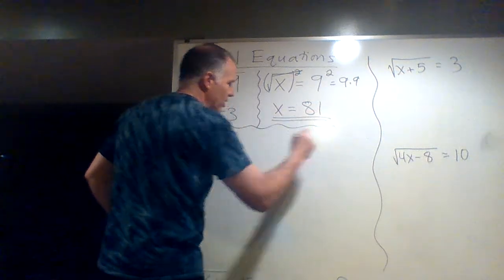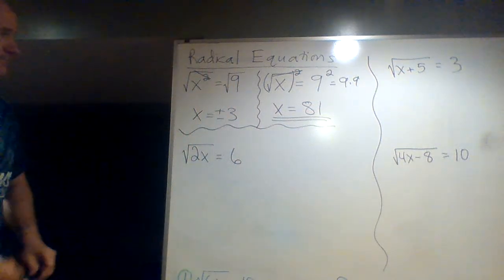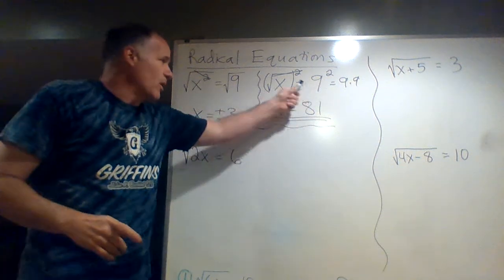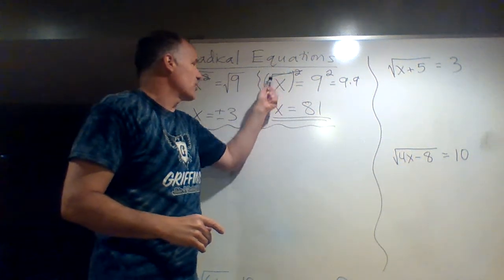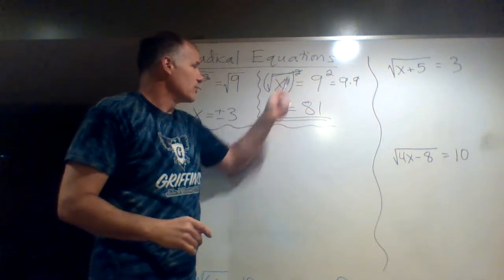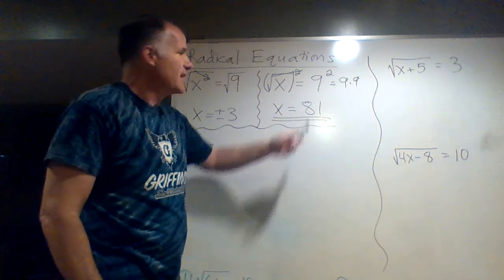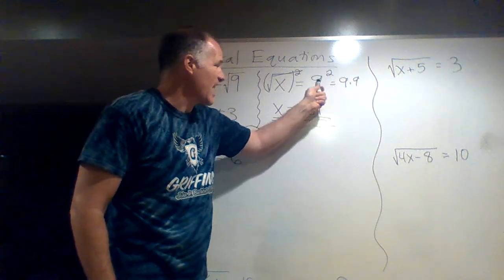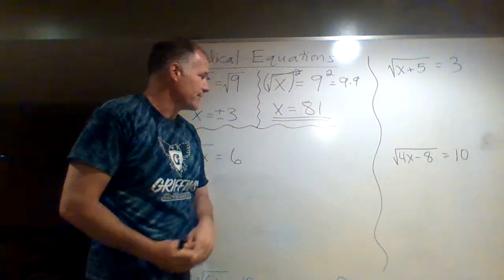Boom, there we go. I just wanted to show you a couple basic ones. To get rid of square root, you square. Whatever you do to one side, do the other. 9 squared means 9 times 9, 81.